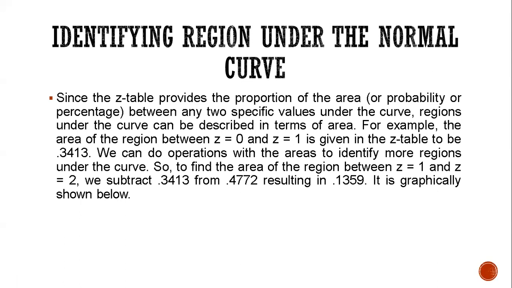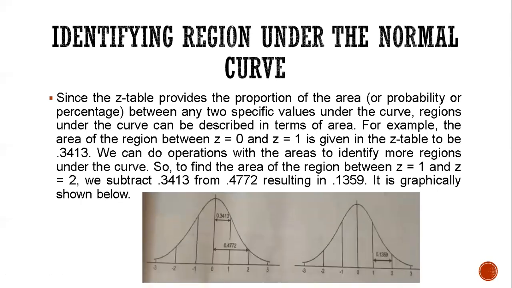Dahil ang tinatanong lang natin is yung area na nasakop ni 1 hanggang 2, subtract lang natin doon kay 0.4772 yung nakuha natin na 0 to 1. We have now the area na sakop ng 1 hanggang 2 ay nasa 0.1359 lang. So, graphically, ayan siya.